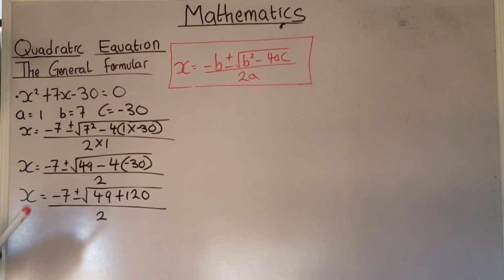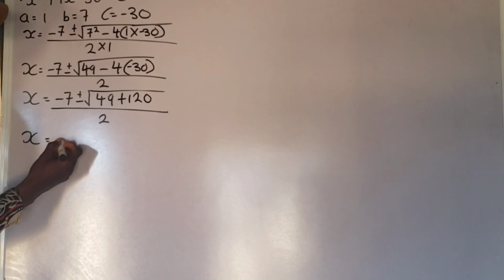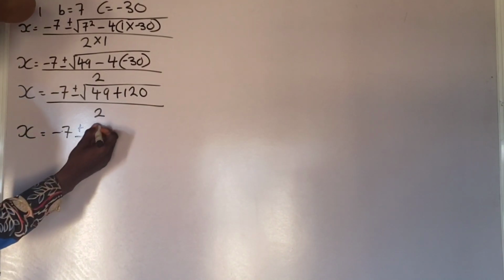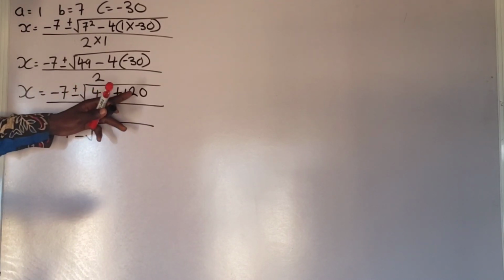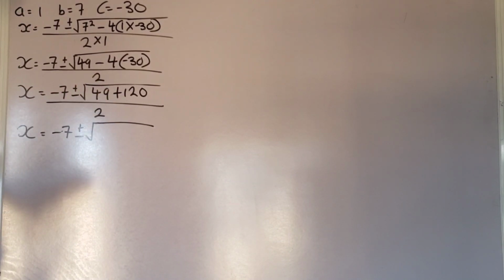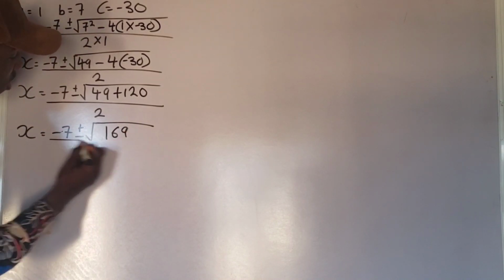Let us proceed. For this, I'm going to have x equals negative 7 plus or minus the square root of, now 49 plus 120. What is the answer? That will give us 169. So I'm going to have 169 all over 2.